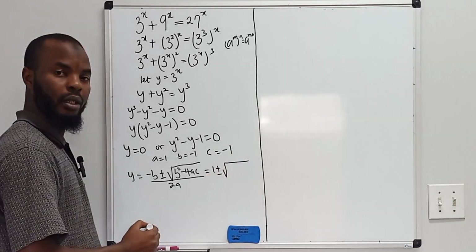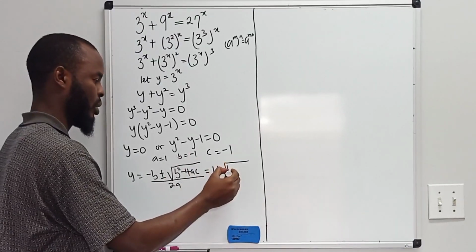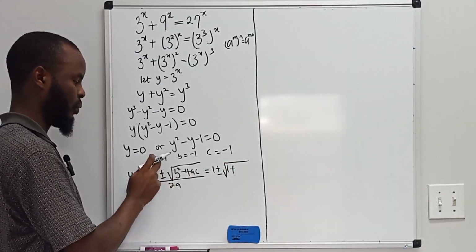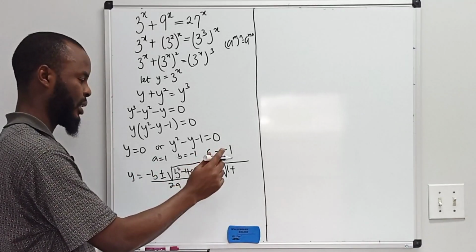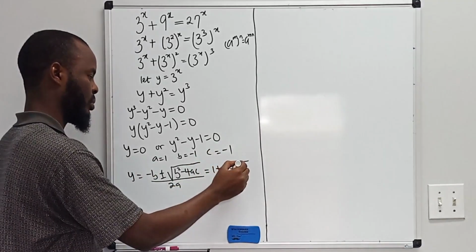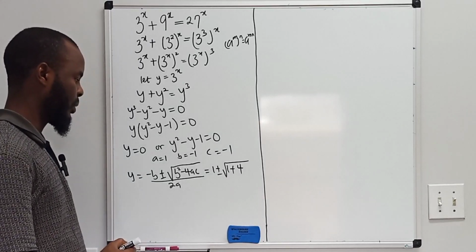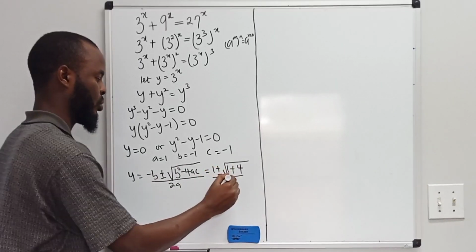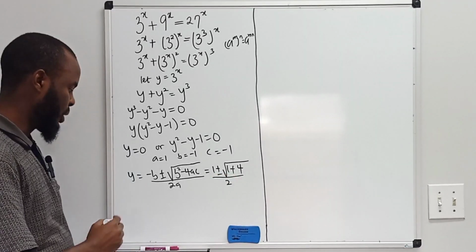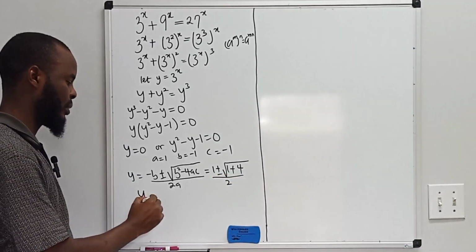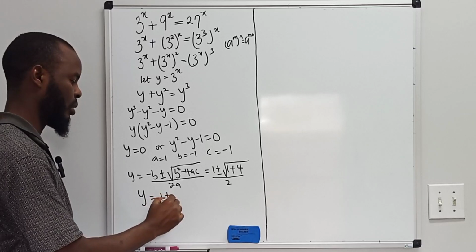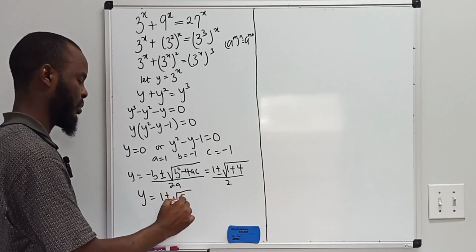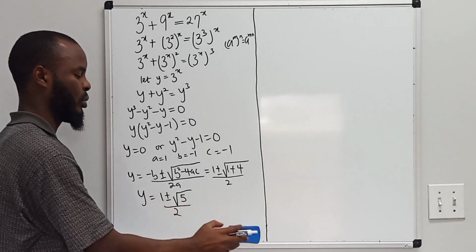When you plug in the coefficients, we're going to have 1 plus or minus root b squared, which is 1, plus 4ac, which is 4 times 1 times 1, which is 4, over 2. So this shows that my y is going to be 1 plus or minus root 5 over 2.